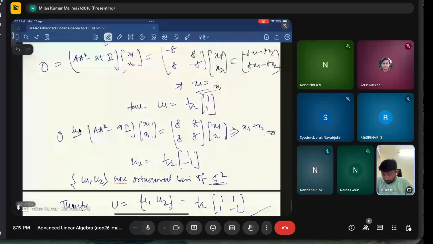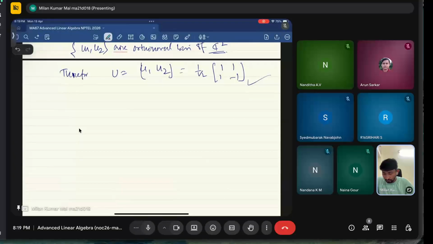How to obtain the other matrix V? If you can obtain an orthogonal vector, that is enough.